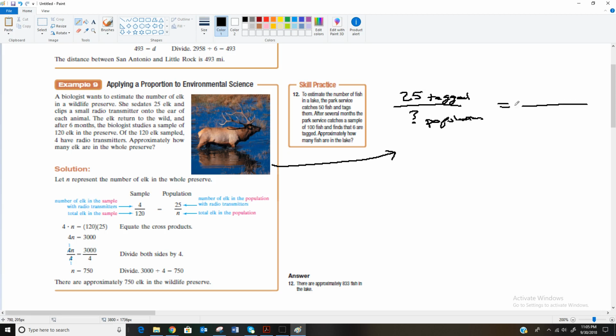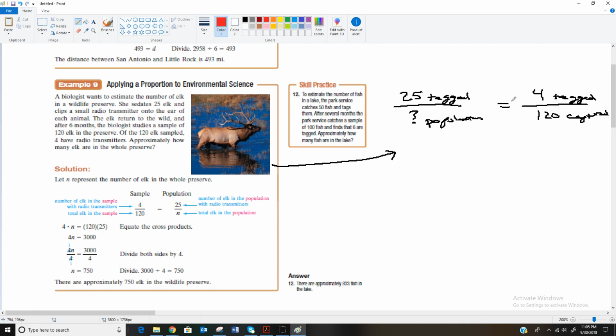But we do know that when she went out and let them roam around and then went back and randomly recaptured them, she captured 120 this time. And out of those, they found 4 that were tagged with the radio transmitters. Okay, so 4 tagged out of their 120 captured in their bigger capture, and prior we knew that they captured and tagged 25 out of the entire population.